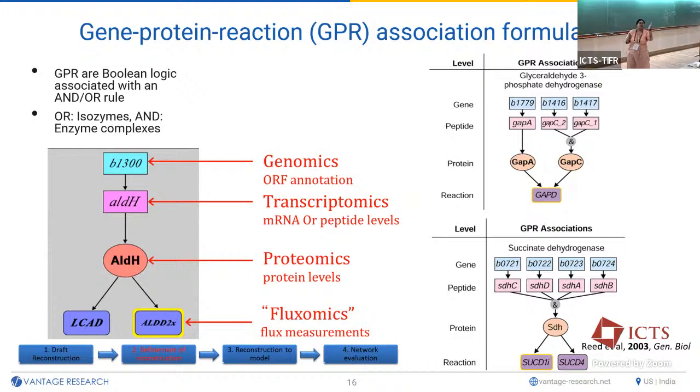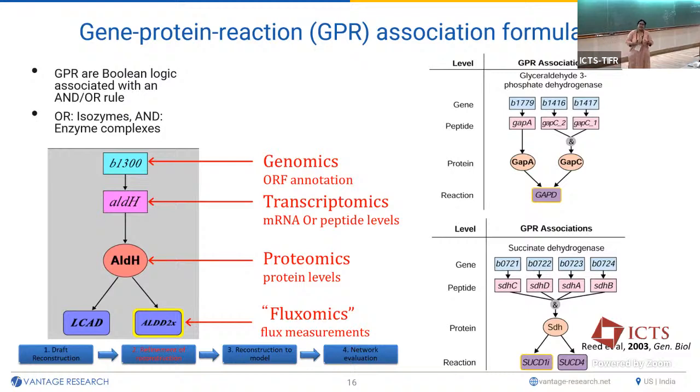However, if you come across an isozyme, I'll give you an example of glucose phosphorylation, which can be done by glucokinase, specific to glucose, but it can also be done by an enzyme called hexokinase, which has a specificity for a number of hexoses or C6 sugars.